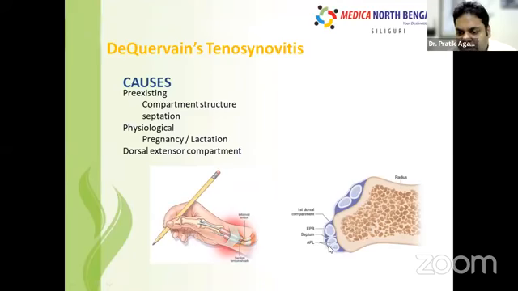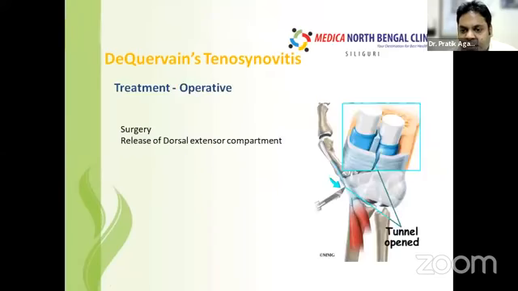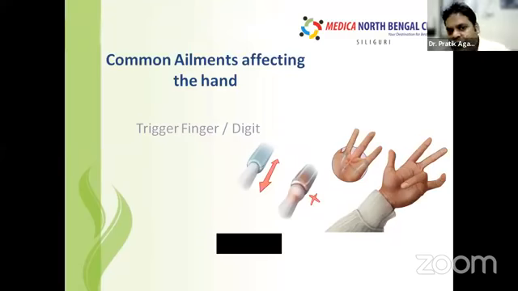We release the sheath, which reduces the compartment pressure, and hence the pain comes down. As you can see in the diagram, this is the sheath, and with a blade we release it. This frees the extensor tendons, the thumb movement becomes easy, and the patient feels relief from the pain. The second most common condition is the trigger finger.